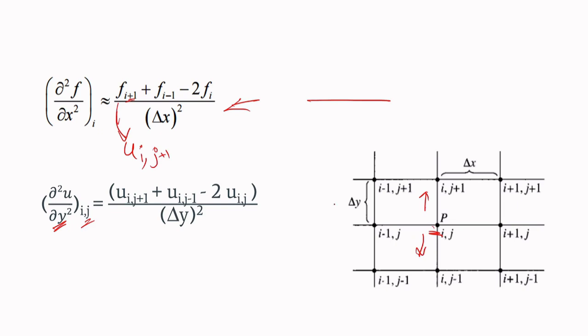So the same procedure, I am just rewriting the terms. For f of I minus 1 it becomes u of I comma j minus 1, because we are not incrementing in the x direction, only in the y direction. So I remains the same, minus 2 uij, the point where we have to find. But here the delta x becomes delta y the whole square.